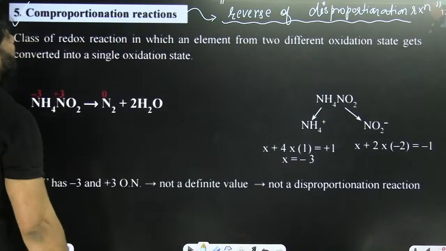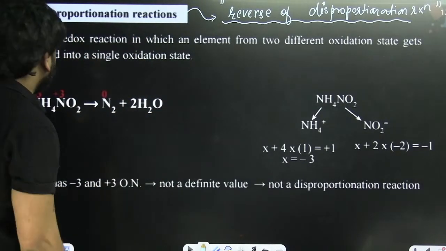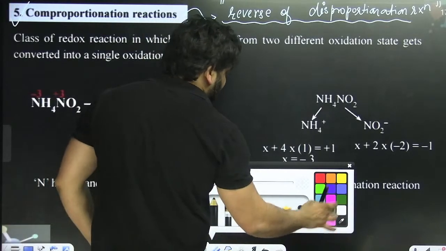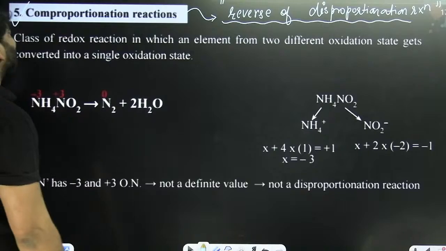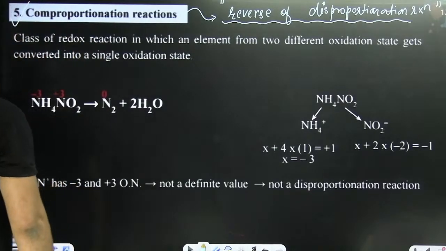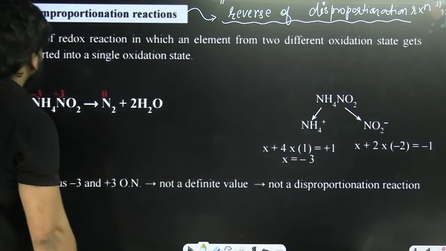Thankfully, I was given the task to teach only disproportionation, not comproportionation. Otherwise, I would have made some more abbreviations. This would be CP reaction, and that would have become SP reaction, symproportionation.